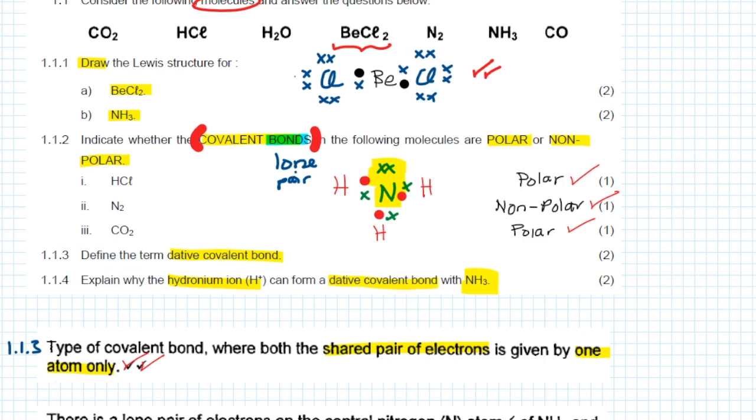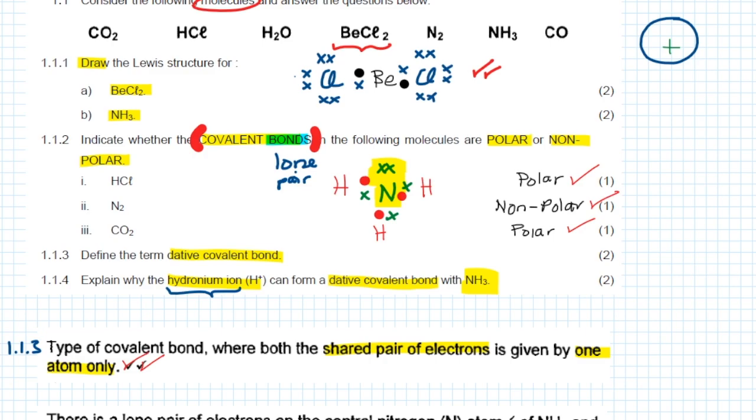Now, if we take a look at the hydronium ion, it forms when a hydrogen atom, which originally has one electron, loses that one electron. So when it loses that one electron, it has one proton and an empty orbital.